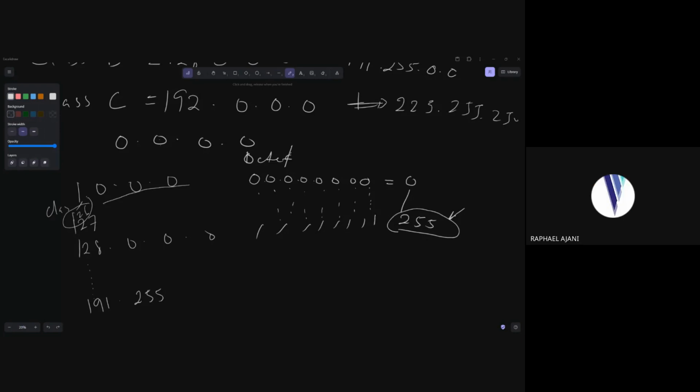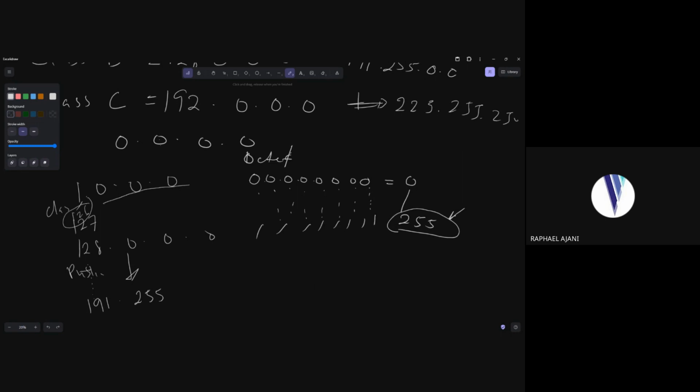Yeah. So now what that means is that I'm just looking within the range of this network. Within the range of this network, we have segments that are public and private. Do you understand?